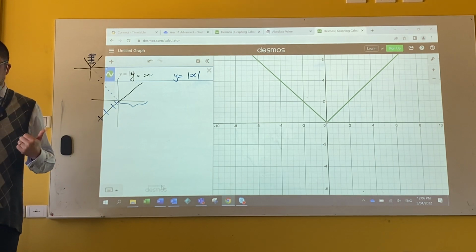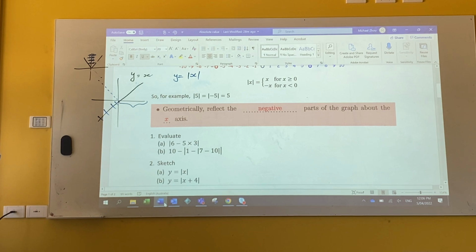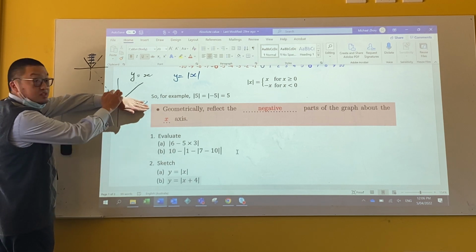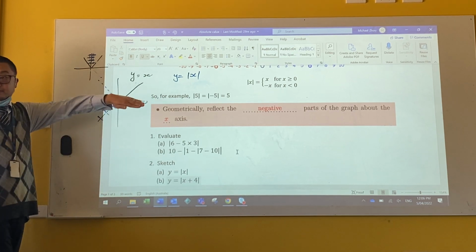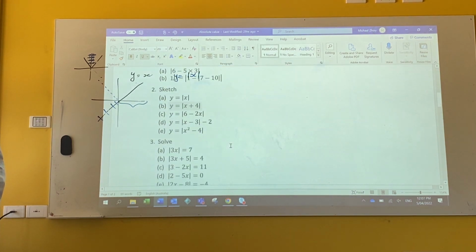The concept is okay? Okay, let's go back to here. That's why it says reflect the negative part about the x-axis. Reflect the negative part about the x-axis. Okay, move on.